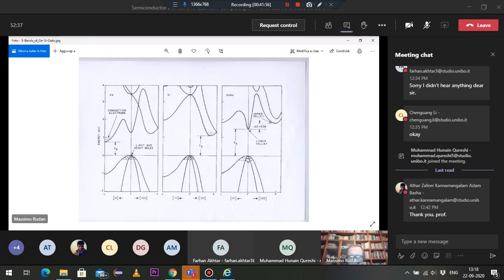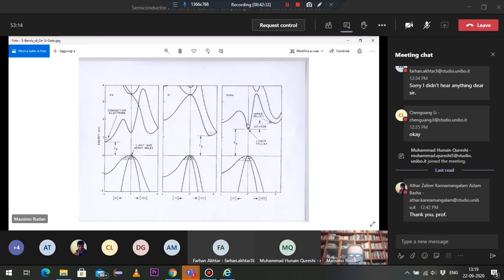So it is possible that one electron belonging to a state of the valence band acquires enough energy from the electromagnetic field to make a transition up into the conduction band. This is called optical transition or optical absorption because the semiconductor absorbs energy from the radiation.